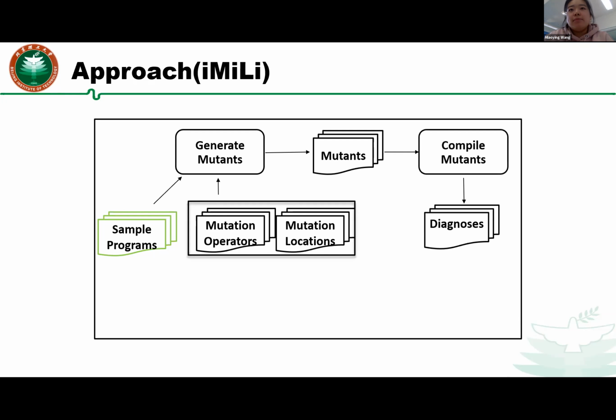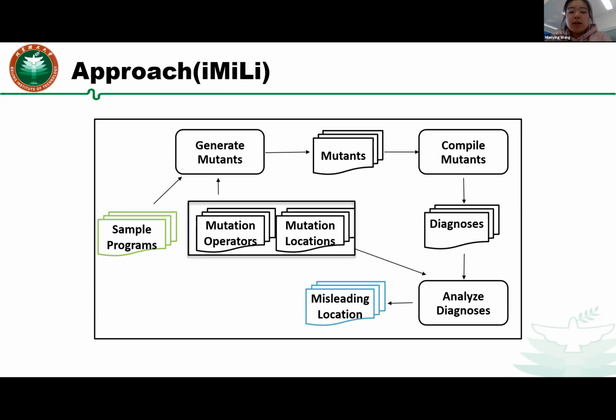Then we compile the mutants and collect the diagnosis. Next, we analyze the diagnosis and filter out acceptable ones based on the mutation operators and locations we choose. We check the misleading location messages and update the parameters on operator-location pairs.